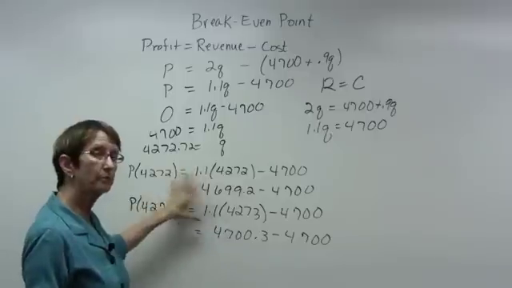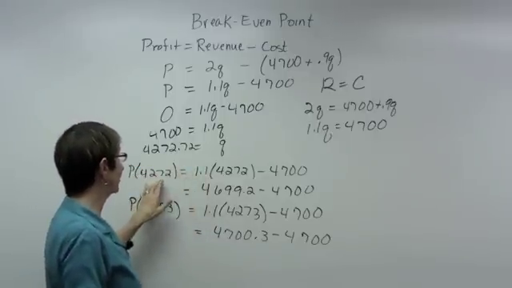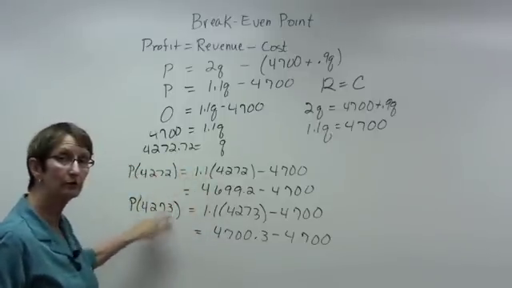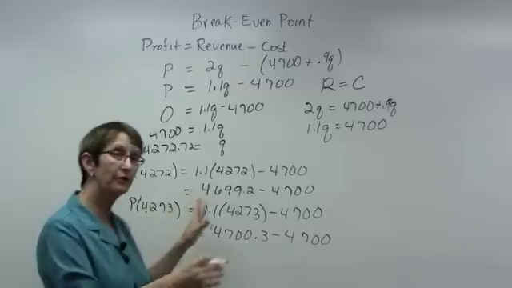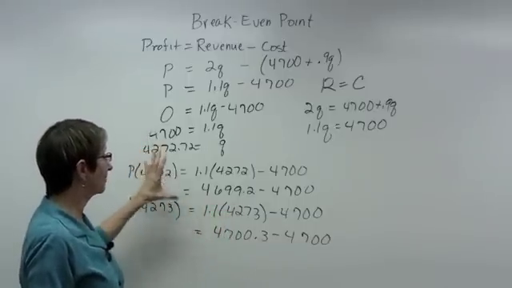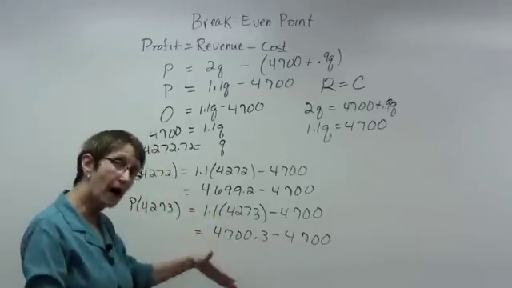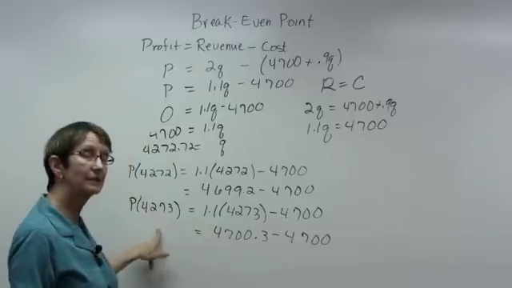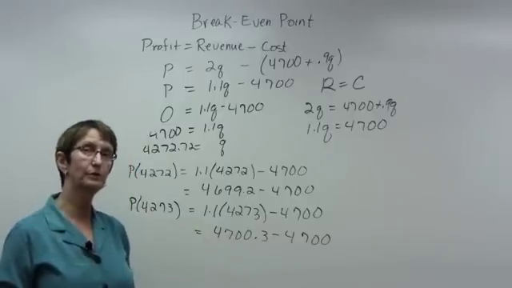Either value probably would be acceptable, depending on shipping, if you have an odd number versus an even number. There are many other things to consider. But for it to be a positive profit, it would have to be 4,273 pencils produced and sold.